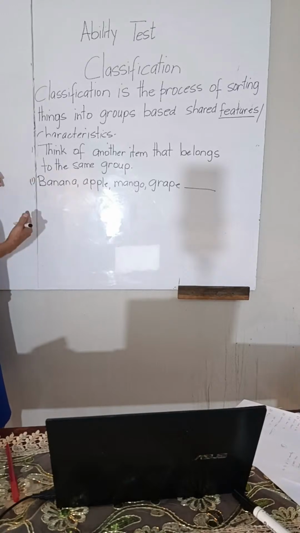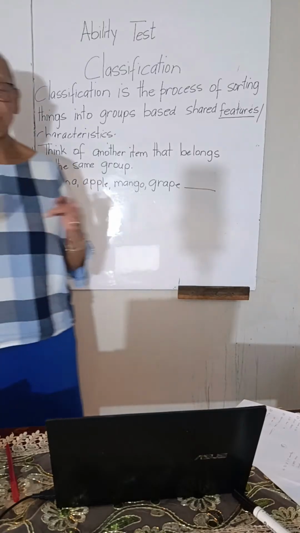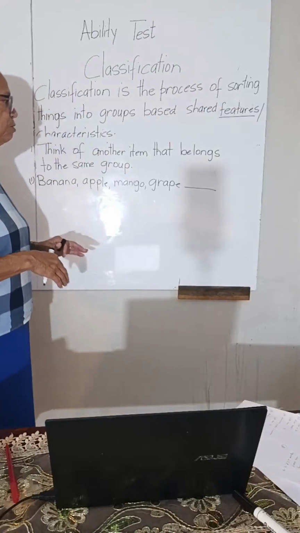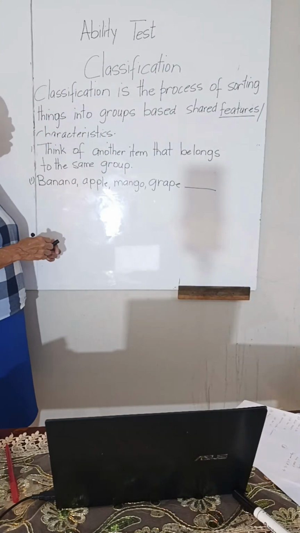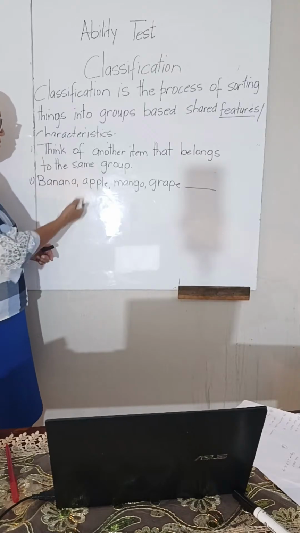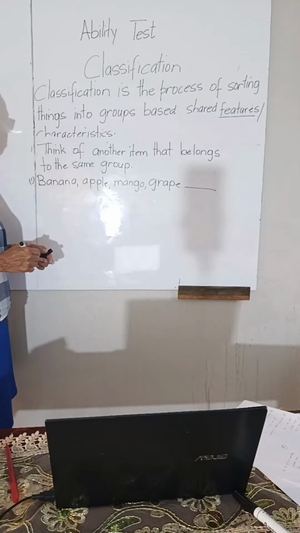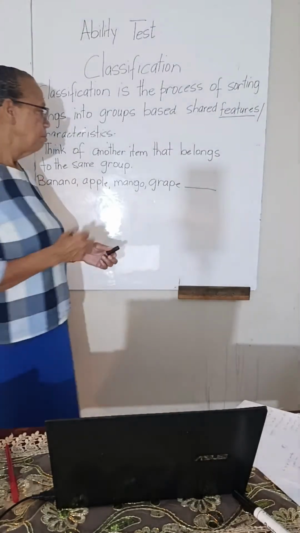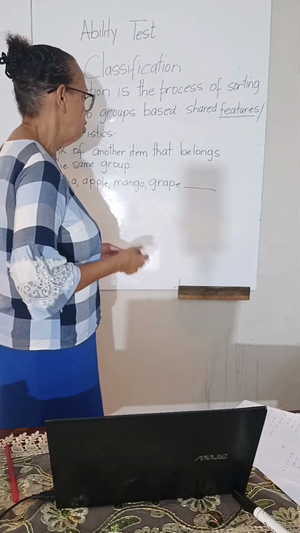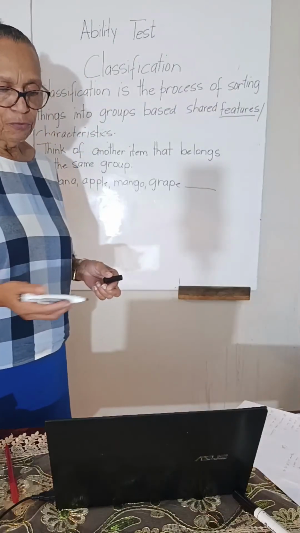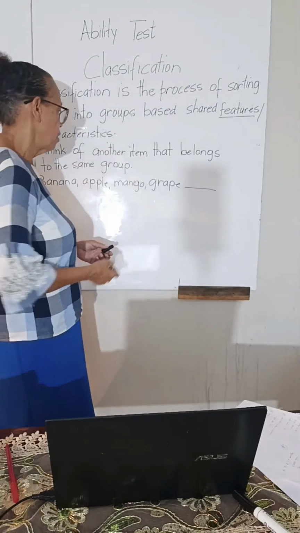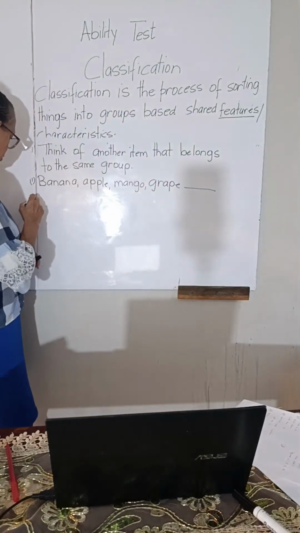The same characteristic. Think of another item that belongs to the same group that would have the same characteristics. And if you say June plum, all of these are fruit, so you'd have to think of another fruit. Banana, apple, mango, grape, June plum, what else? What other fruit could you have? I say June plum, you can put another one.